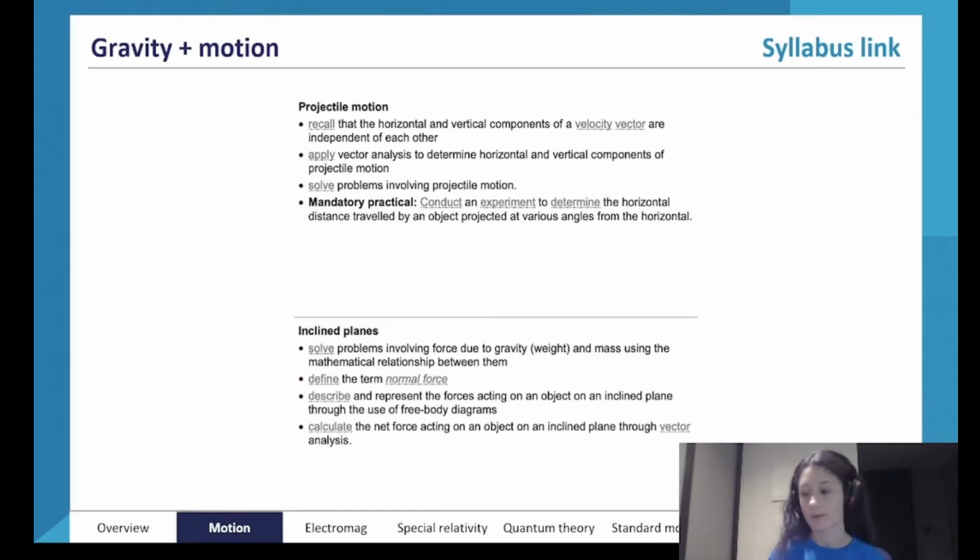Okay, so now we're getting onto the applications of what we're going to use vectors for. The first one is in projectile motion, and the second is with inclined planes.